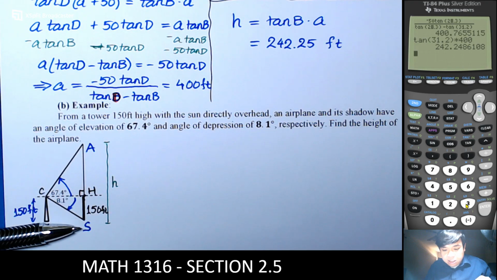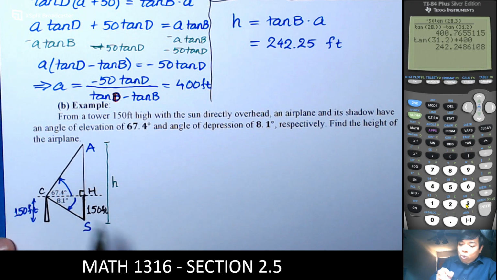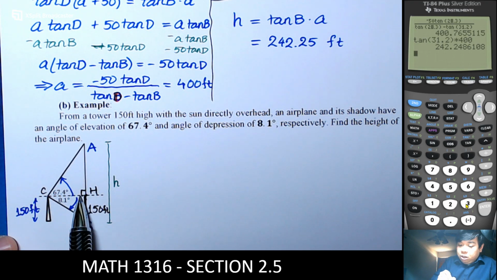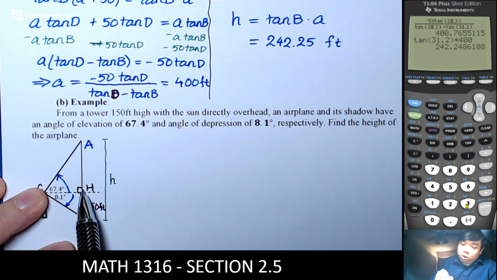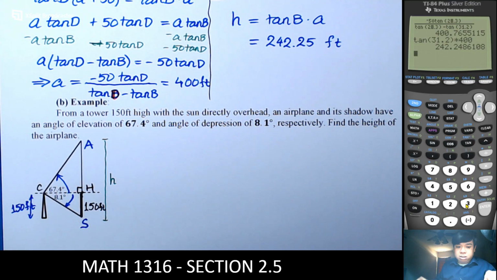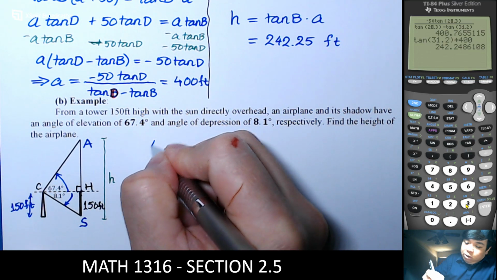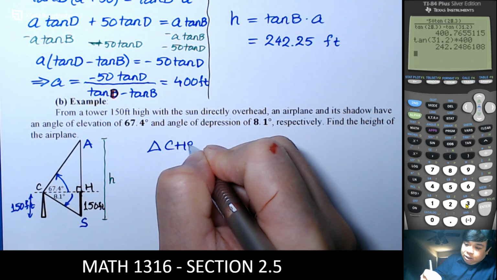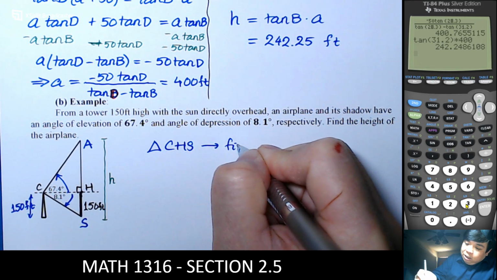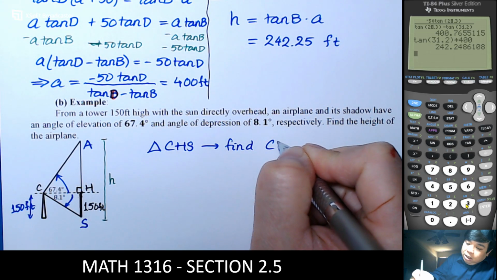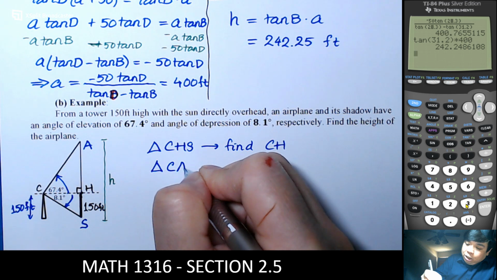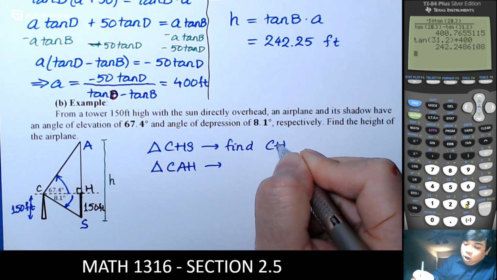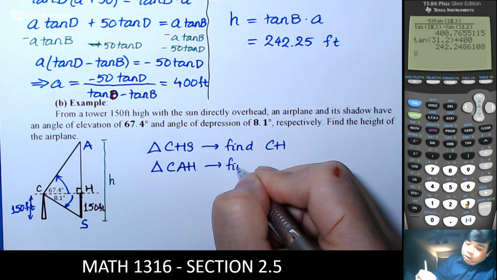If we find CH, which belongs to both triangles, we can use that CH to find AH.